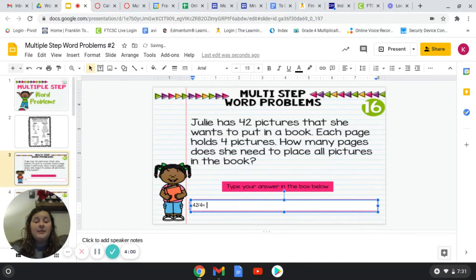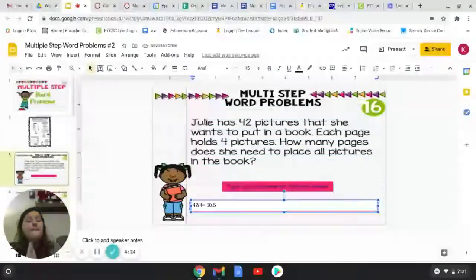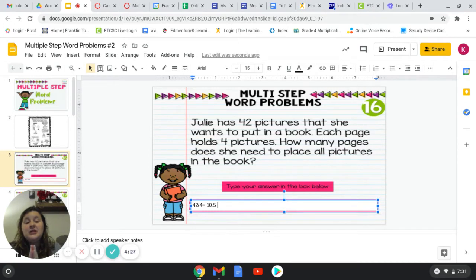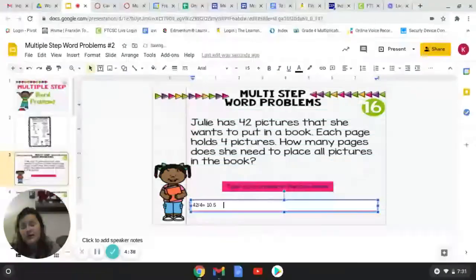And this one, I'm going to tell you right now, it's not going to come out evenly. We will be left with a decimal. So 42 divided by 4 is going to give us 10.5, or 10 and a half. But it's just asking us how many pages does she need to put all the pictures in the book. Well, we can't have half a page, right?